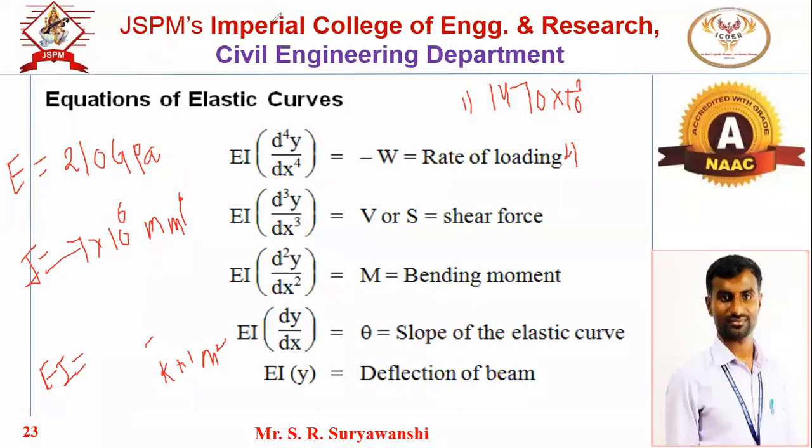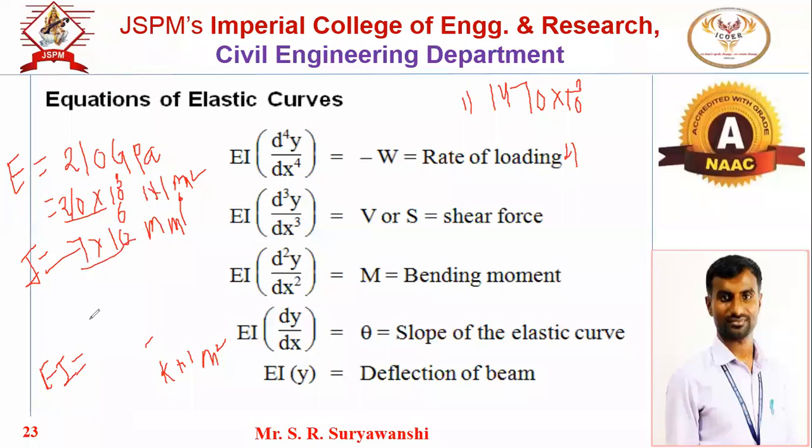See what we did now. This is GPa, 210 GPa means 210 into 10 to the power 3 Newton per mm square. Correct, Newton per mm square. And this moment of inertia is already given in mm raised to 4. So multiply these two, 210 into 10 to the power 3 into 7 into 10 to the power 6.